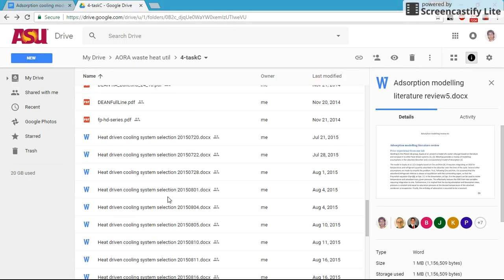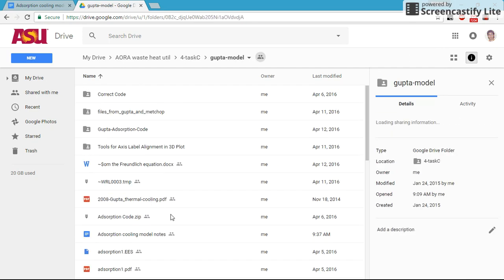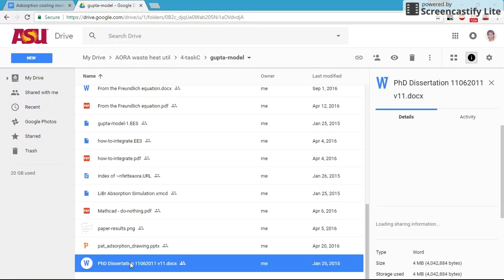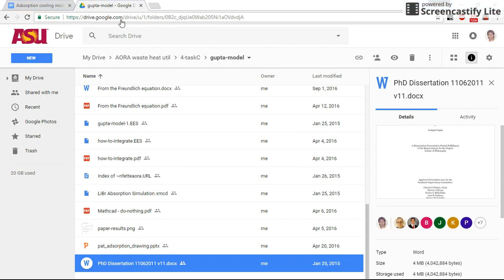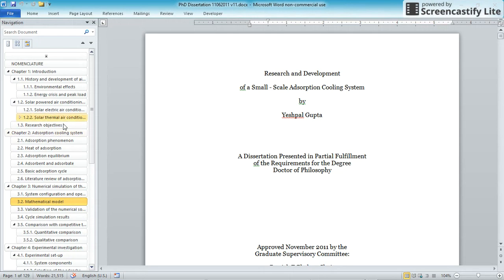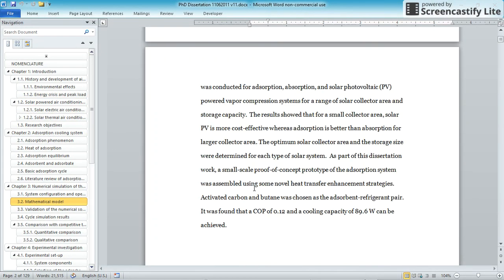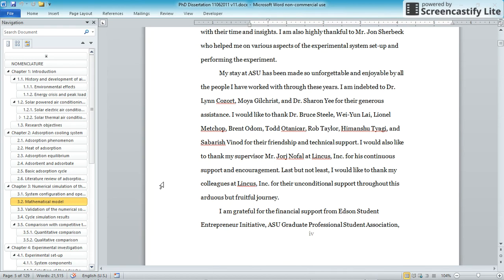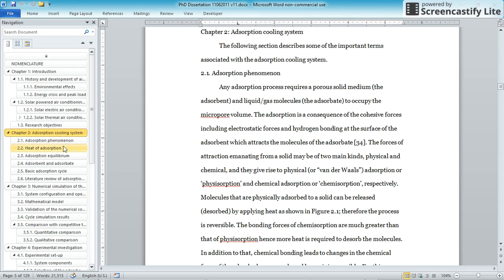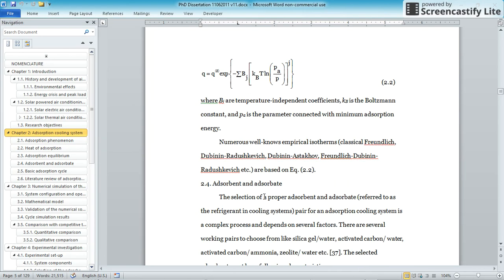So his dissertation, it's in this folder, it's in this file. It looks like this. The contents include a lot of stuff, but you want to focus on what is the adsorption cooling system, what does it look like.